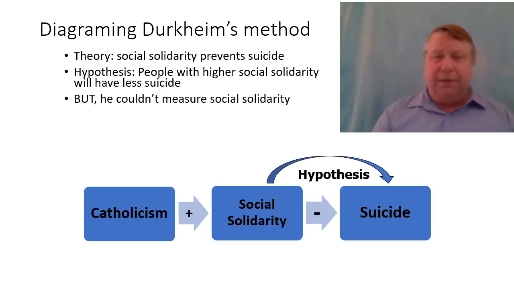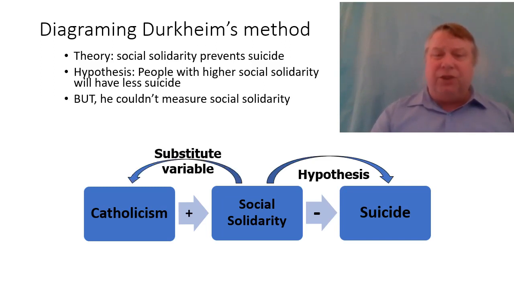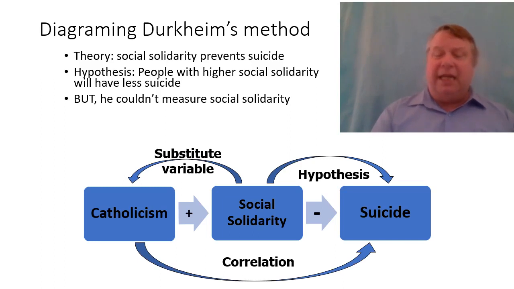That's his hypothesis. But he couldn't measure social solidarity, so he substitutes religion, in this case, whether or not somebody is a Catholic. He then goes ahead and does the correlation between the substitute variable, religion, and his target dependent variable, suicide. And he finds that there is in fact a negative correlation.